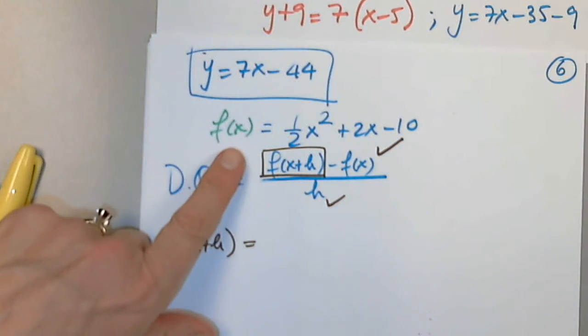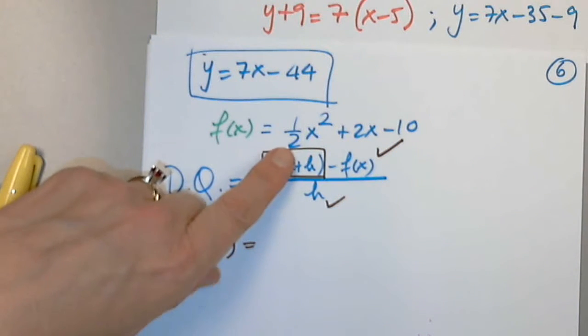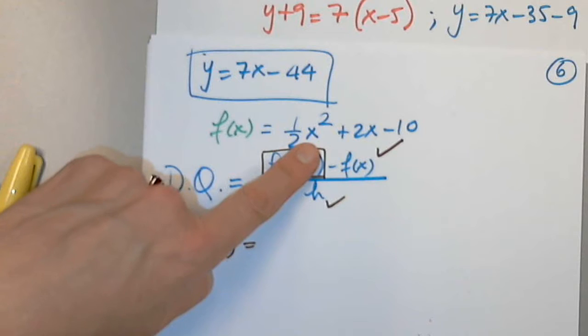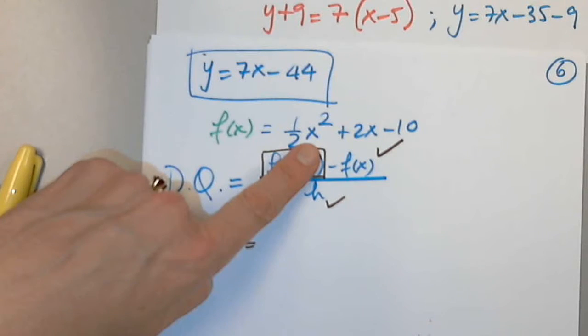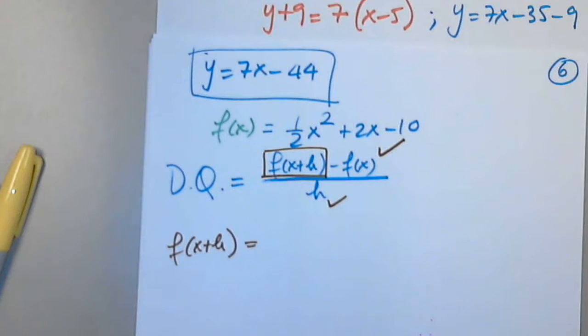What does the function say? Here's what this function says to me: 1/2 the variable squared plus 2 times the variable minus 10. What is the variable now? X plus h. X plus h is the variable. Good.